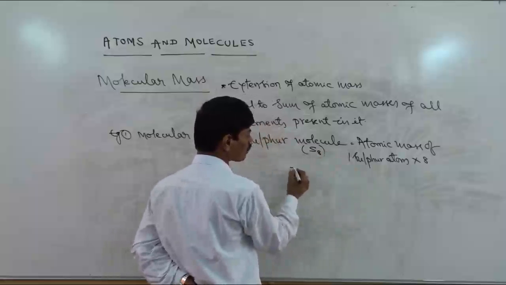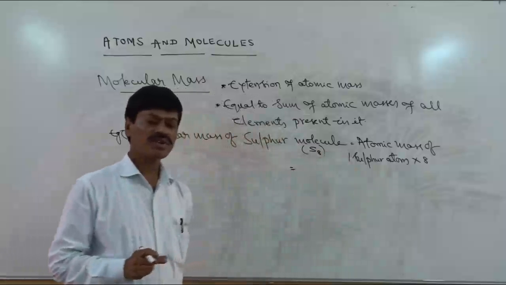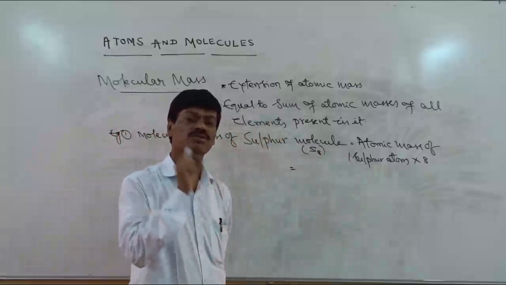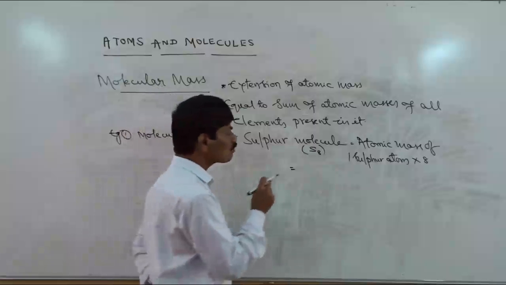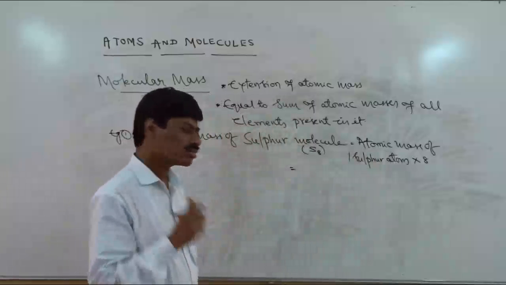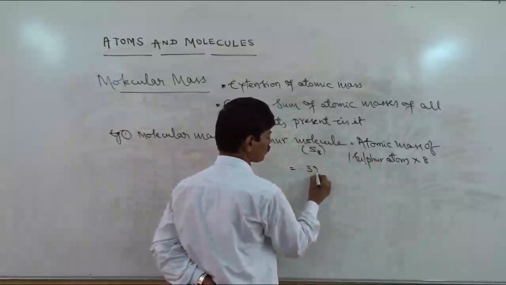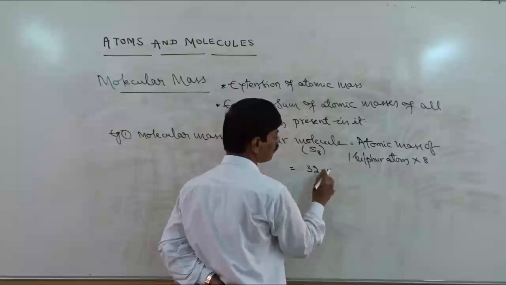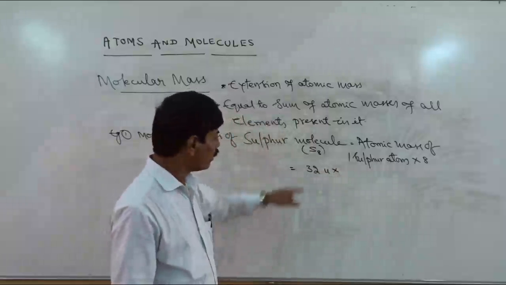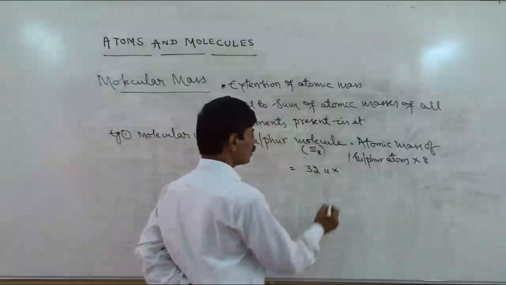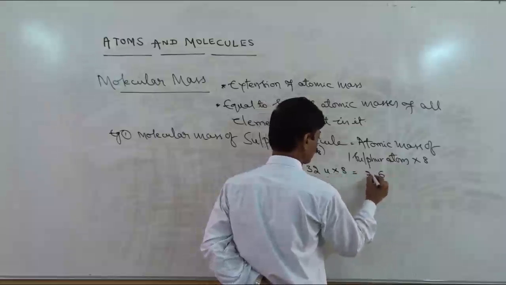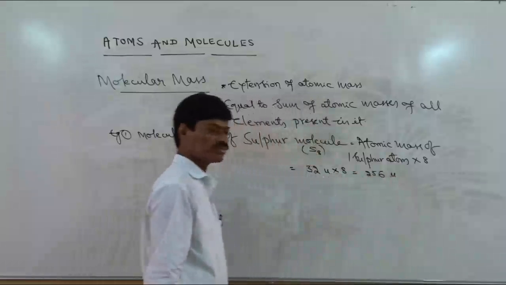Right? So the atomic mass of one sulfur atom. Sulfur atomic number is 16. So its nucleus will have 16 protons plus 16 neutrons. So the atomic mass of one sulfur atom is 16 protons plus 16 neutrons, it is 32 U, right? Multiplied by 8, because one molecule of sulfur has 8 sulfur atoms in it. This is equal to 256 U.